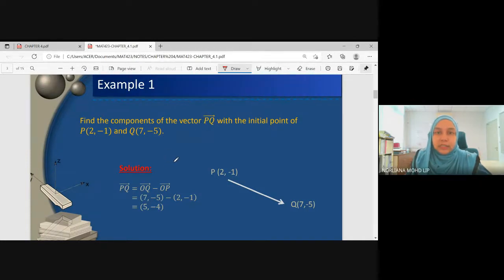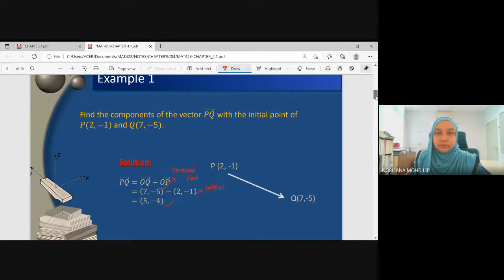In this case, vector Q minus vector P. Q is the end point or terminal point, minus the initial point. 7 minus 2 is 5. -5 minus -1 is -4. So vector PQ is equal to (5, -4). Okay, boleh faham?